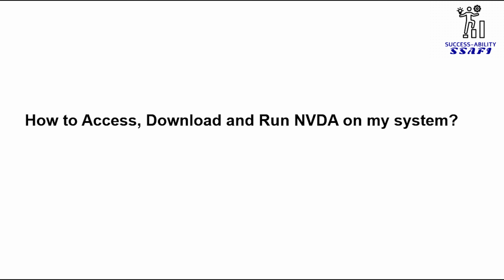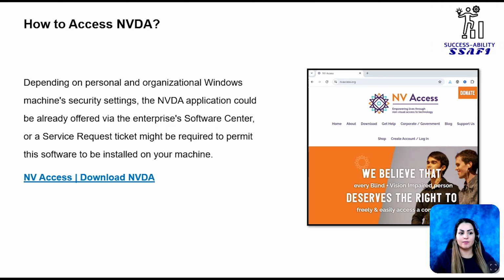How to access, download, and run NVDA on my system? The answer really depends on the personal and organizational Windows machine's security settings. The NVDA application could be offered to you via Software Center, or it could be that you need to put in a service request to get the application whitelisted and then installed on your machine.